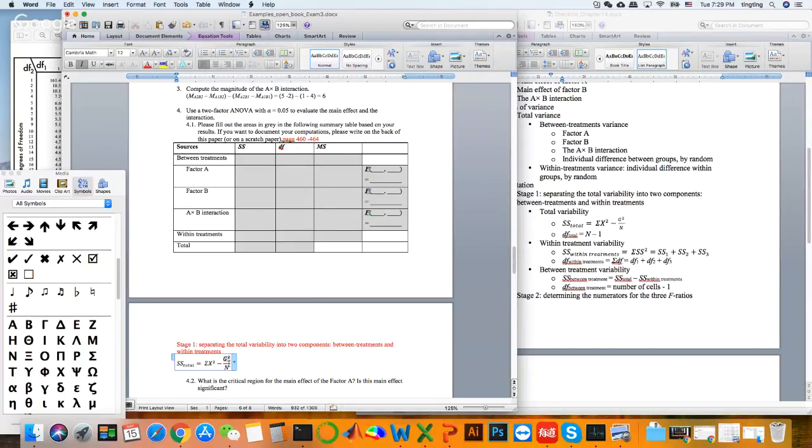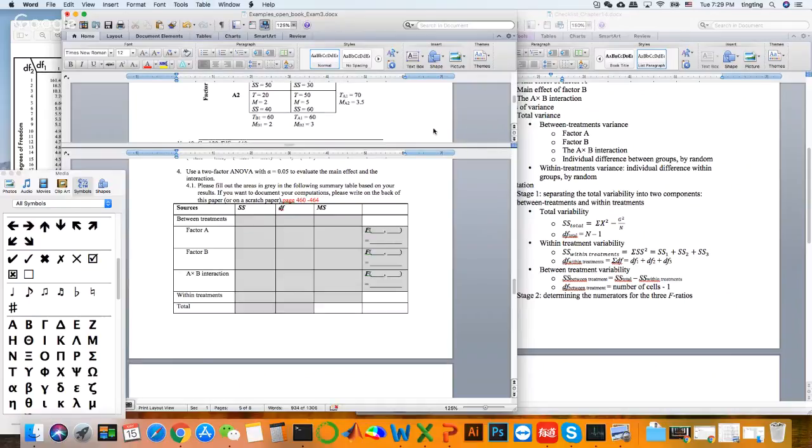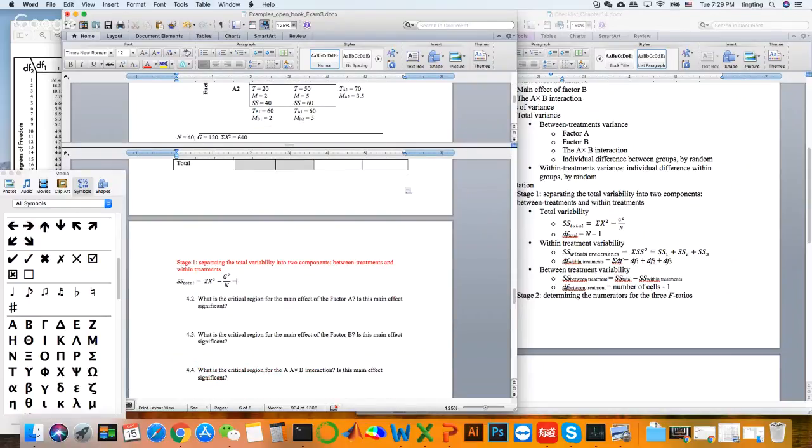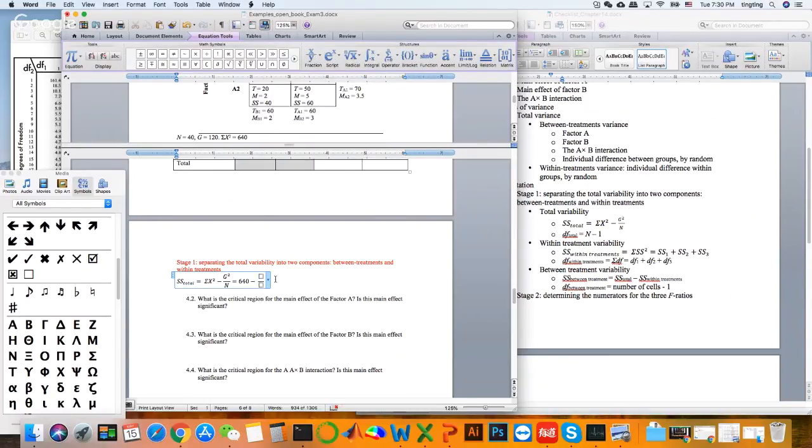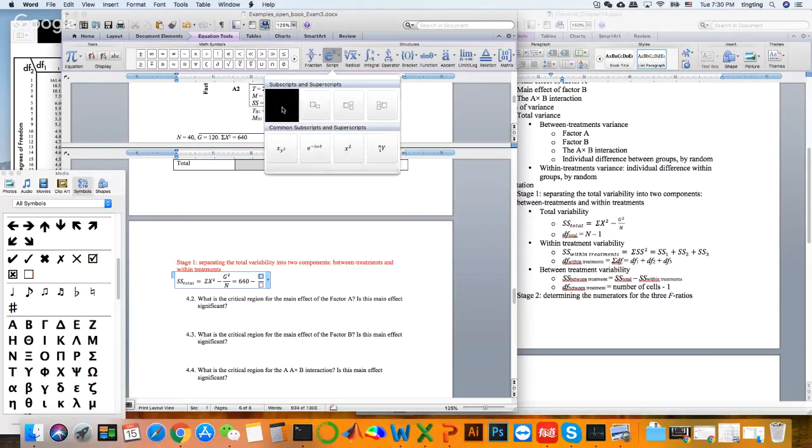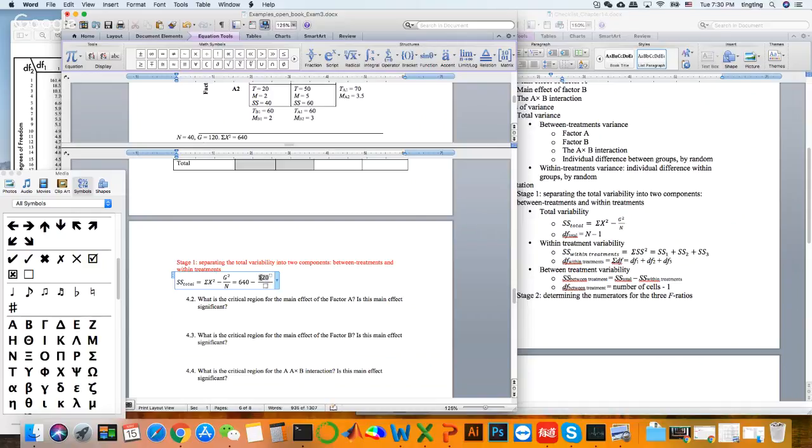Compute the SS total first. The number here: sigma x squared minus G squared divided by N, where G equals... and N equals 40.